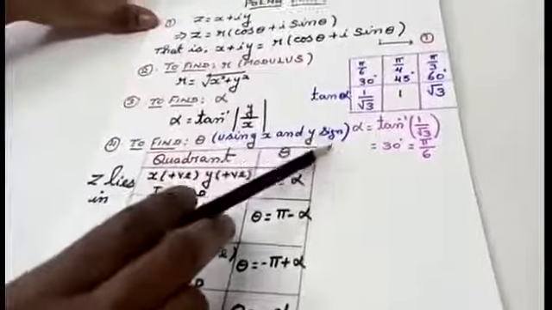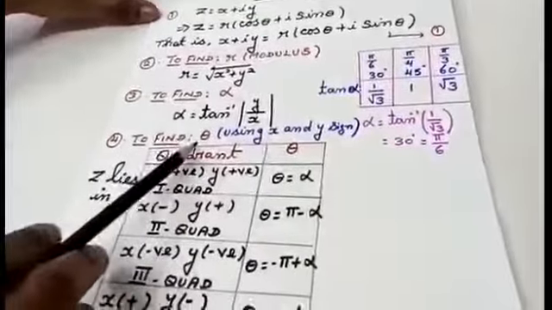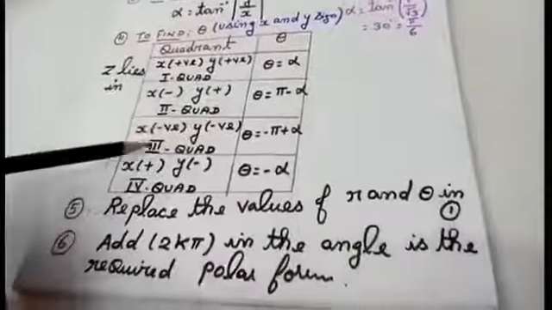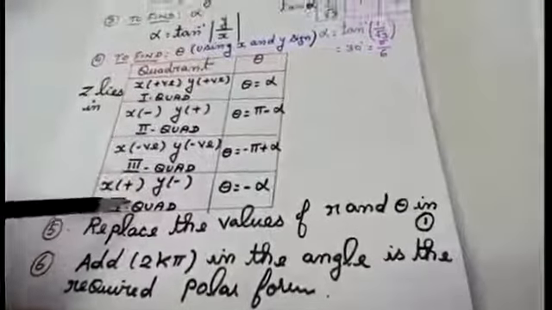Using the signs of x and y only, I am going to find theta, students. That is, I am going to fix the quadrant where that z lies. Totally I am going to have 4 quadrants here: first quadrant, second quadrant, third quadrant and fourth quadrant. I am going to convert this alpha into theta, and this is the procedure for finding theta.